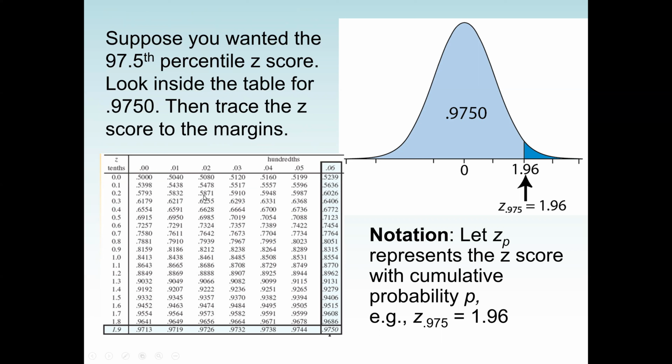For 0.5871, the answer will be 0.2 and a 2 again at the top. So the values at the top are 2 decimal places, and here is 1 decimal place. So 0.41 will give me 0.0124, so that will give me 0.6591.